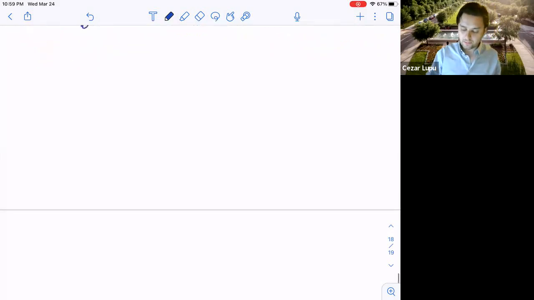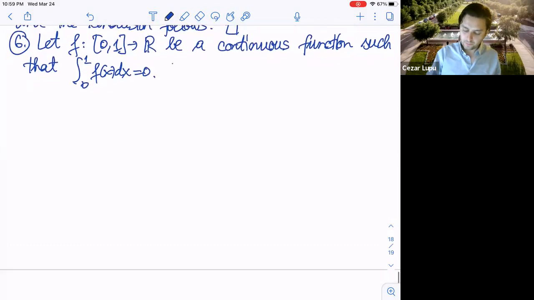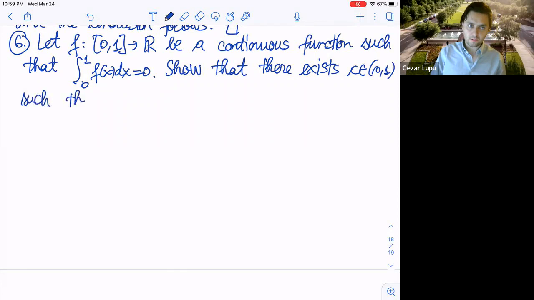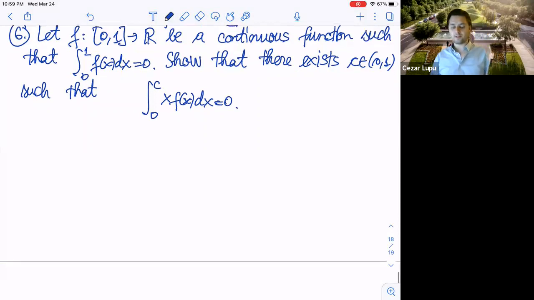Then show that there exists a number c in 0, 1 such that the integral from 0 to c of x f of x dx is 0. Okay, so that's the statement.